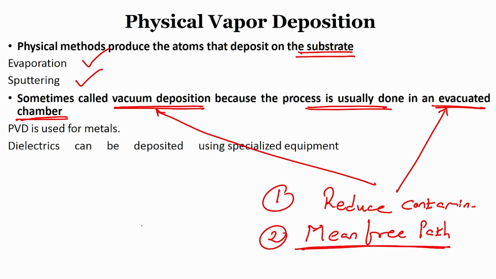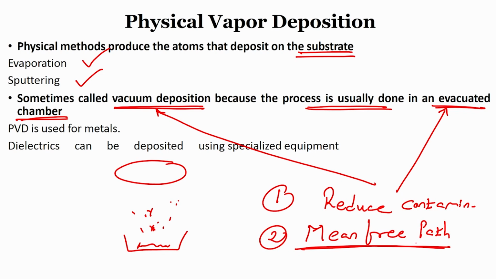Suppose this is a substrate, and I evaporate the metal. These atoms will get evaporated, and the length before which atom x will collide with another atom y is called the mean free path. Mean free path should be as large as possible.